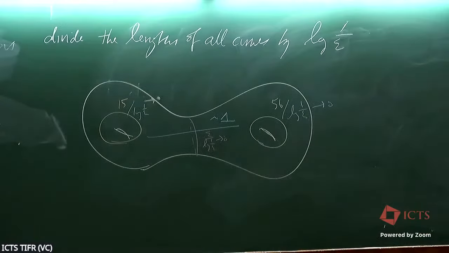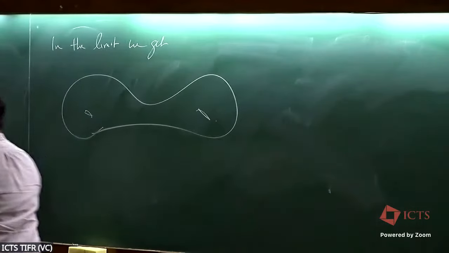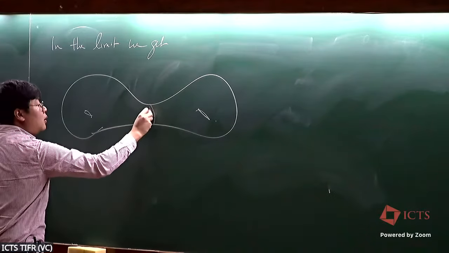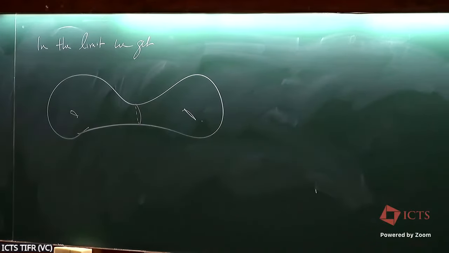So in the limit, I get the following topological object. You can see that all the information is just recorded by that pink curve. And that's where all the interesting action happens. So in the limit, I get just this red curve here, because that's all I care about.